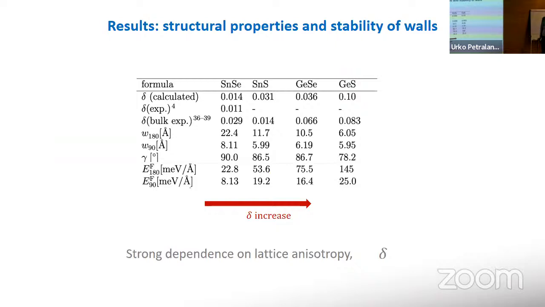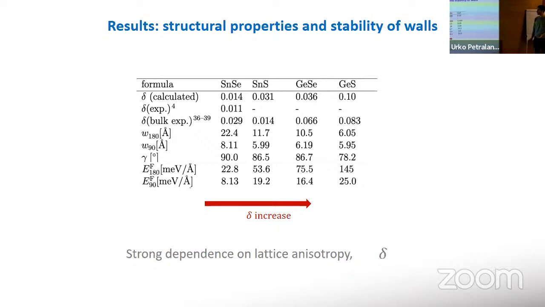And now I show some numerical results. I think we don't need to go into all the details of the numbers, but essentially, as the anisotropy is increased, we see that the walls are sharper and thinner. They are less stable, and they are more rigid. It's more difficult to move them around.